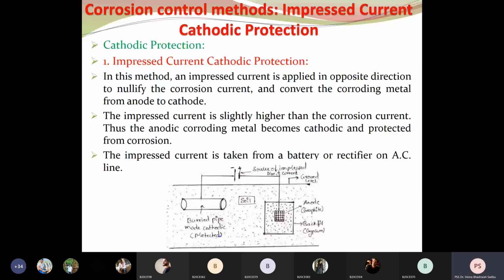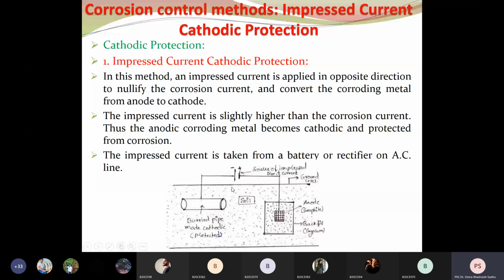The cathode, I mean the pipeline, is connected to the negative side of the battery, and the positive side is connected to your anode. There is a power supply in that. This is called a source of impressed direct current.